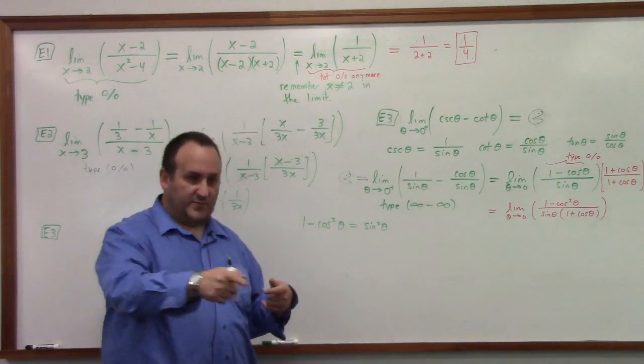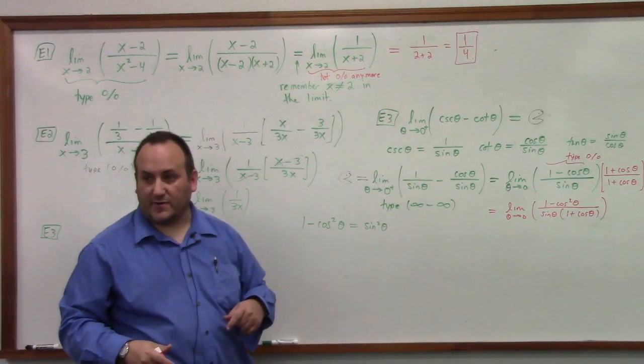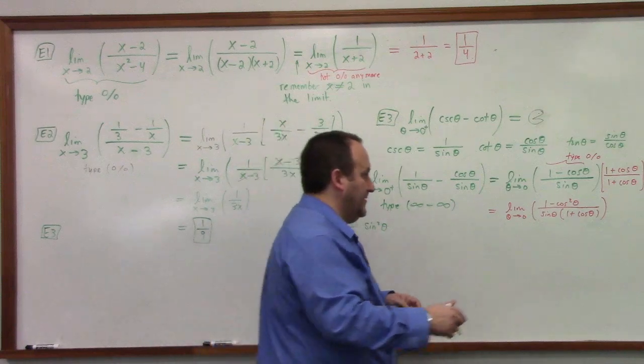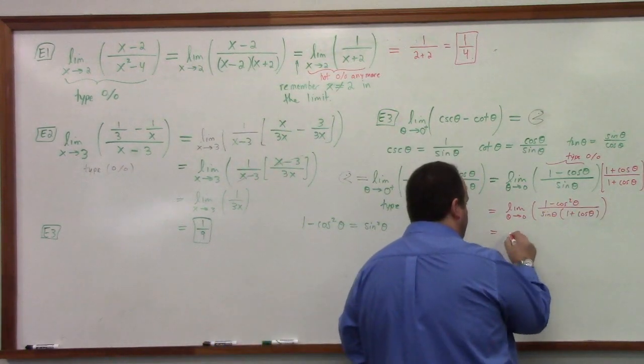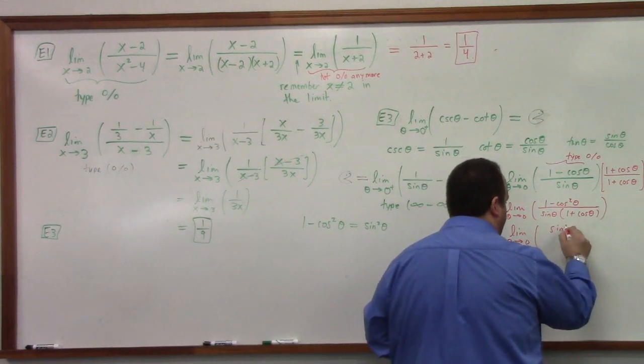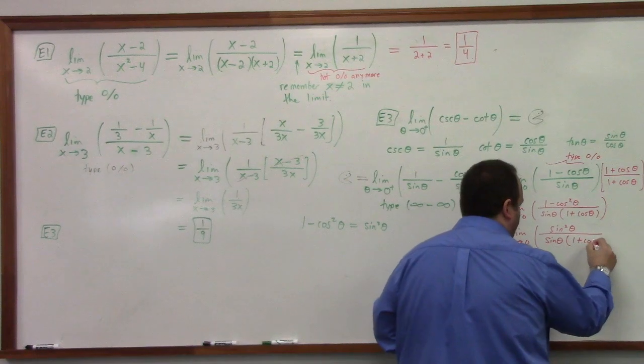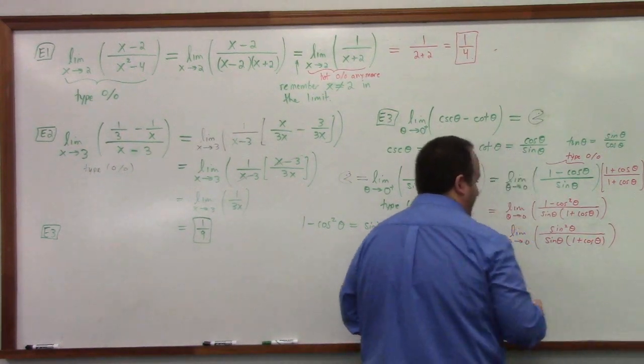But because of what you guys told me, I think if we multiply by 1 plus cosine theta over 1 plus cosine theta, we're going to be good to go. Because that's going to change this to sine squared theta. And now there's hope, right?